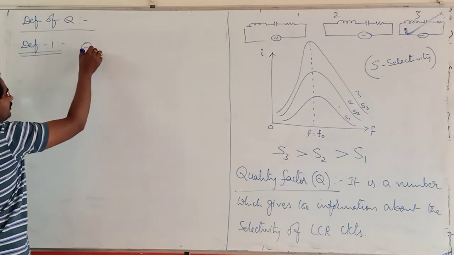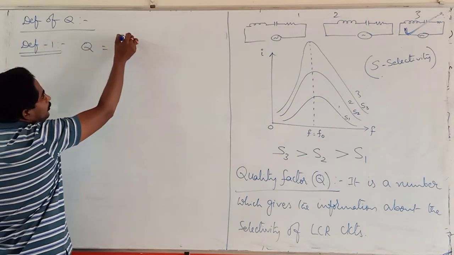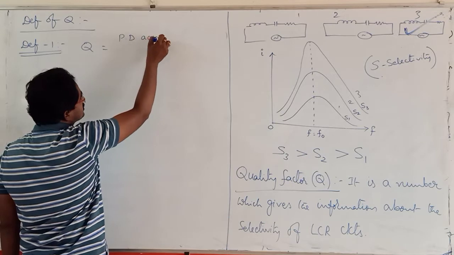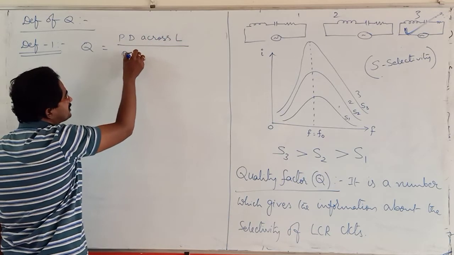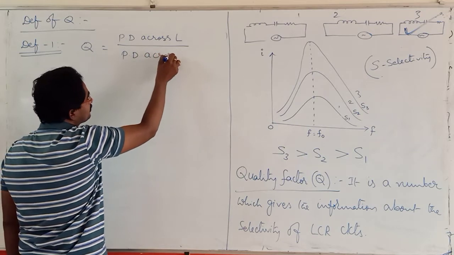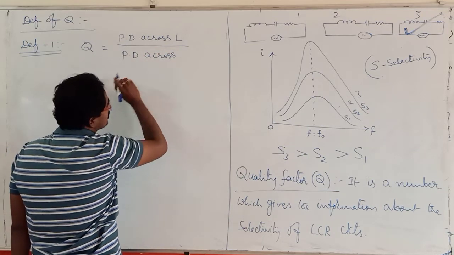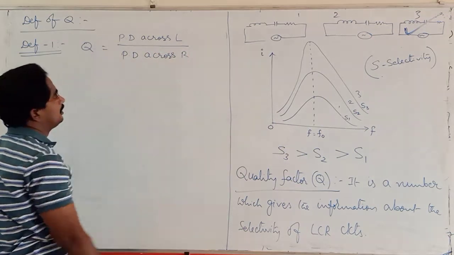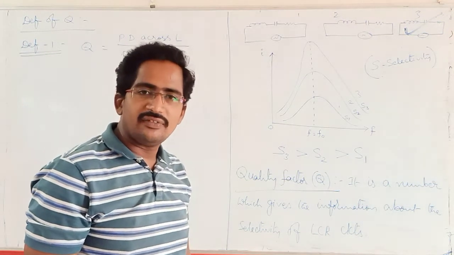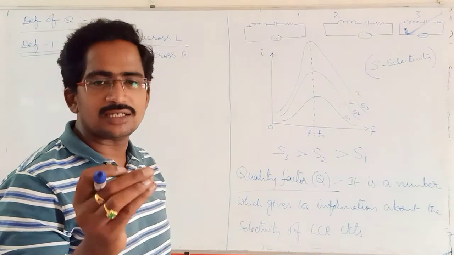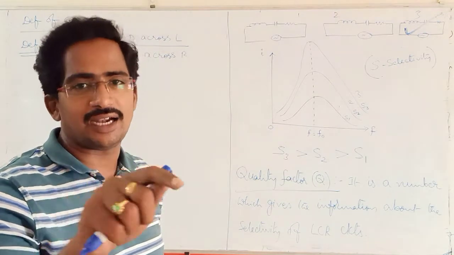Q is nothing but the ratio of potential difference across L divided by potential difference across R under resonance state.